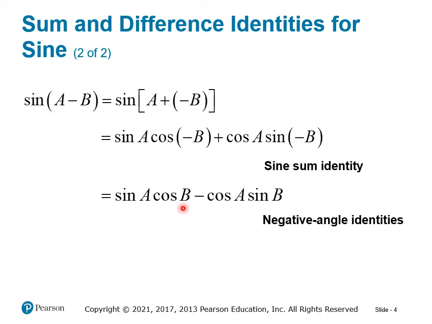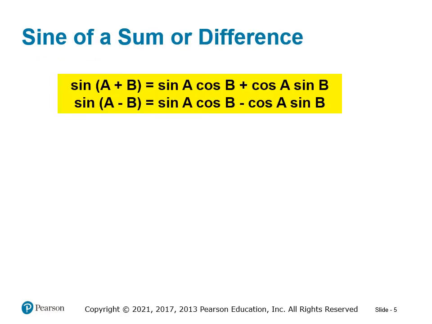Because the cosine of a negative angle is the same as the cosine of the positive angle, we can just drop the negative in the angle. And since the sine of a negative angle is equal to negative sine of the positive angle, this changes it from plus to minus. This gives us the two identities for the sine of a sum and the sine of a difference of angles.